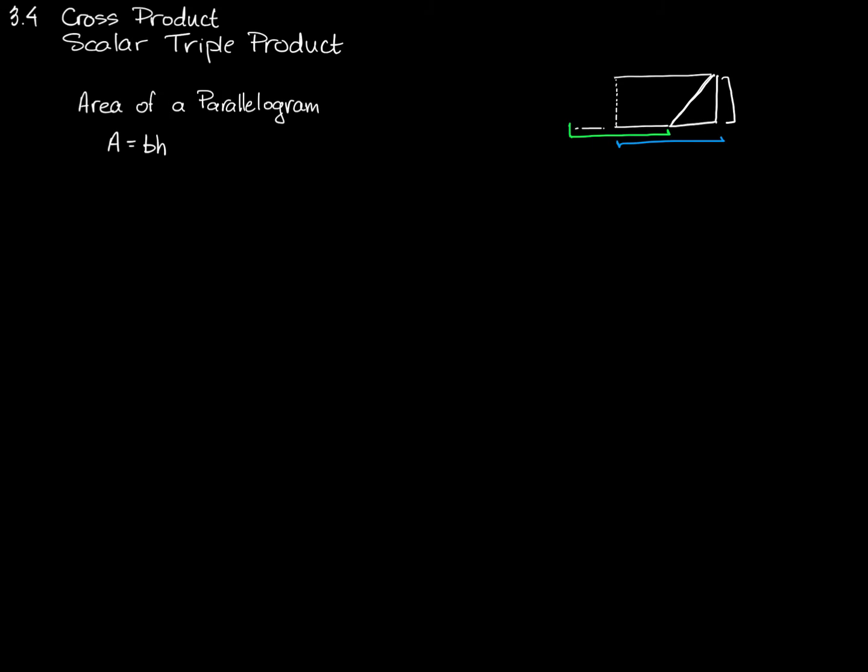We also need to remember, though, that the area of a parallelogram is the magnitude of the cross product of two vectors that make up its sides, as it were. Let me do my parallelogram in a different color here. Originally, I had this parallelogram in pink, and I turned it into the rectangle in white.